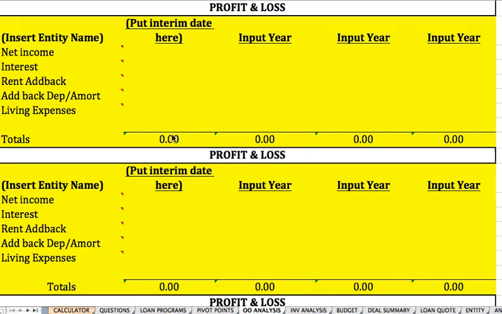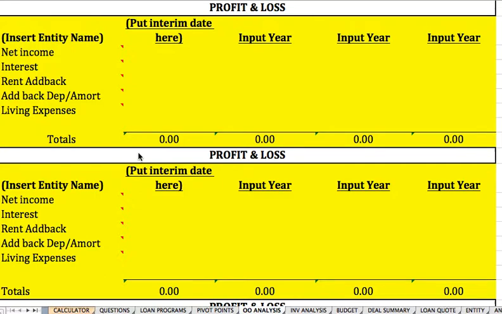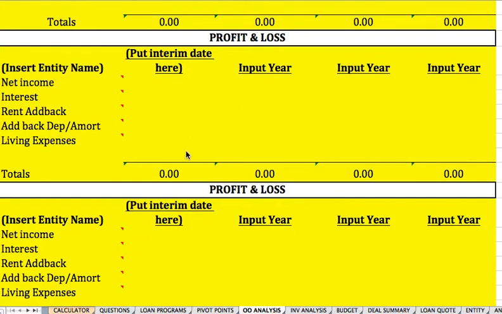What we usually look at this as is an EBITDAR or an EBITDA, so earnings before interest, taxes, depreciation, and amortization. And on each one of these locations, or companies I should say, it's going to have its own EBITDA.